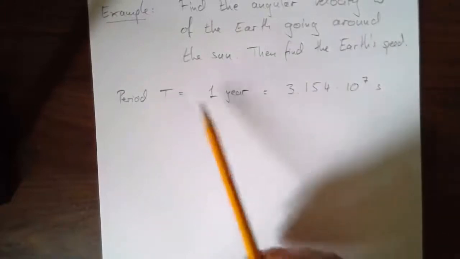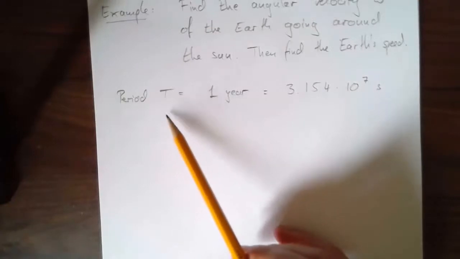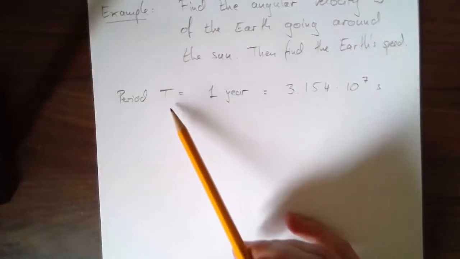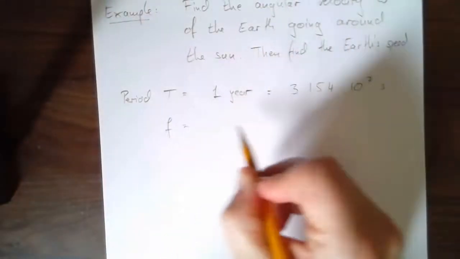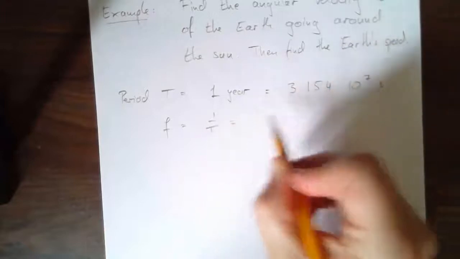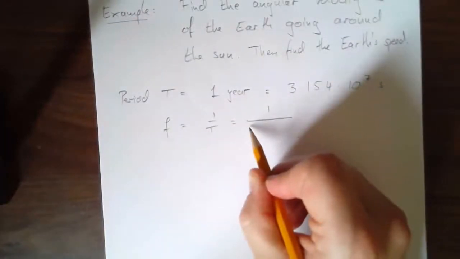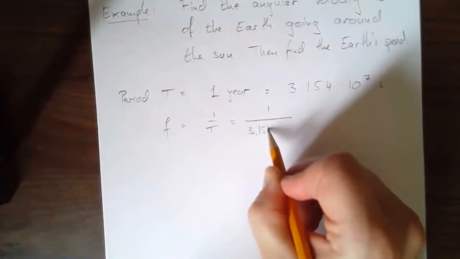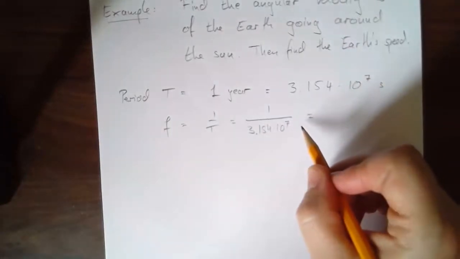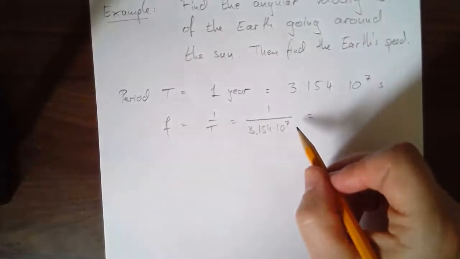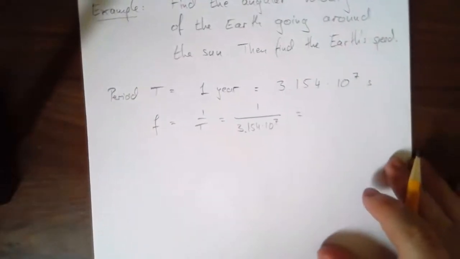Alright, so we've got the period of the Earth to go around the Sun once. It's a big circle, roughly circular motion. So now we can find the frequency. Frequency f is 1 over T, so 1 over 3.154 times 10 to the 7. You do the math. I cheated and did it before recording this lecture.